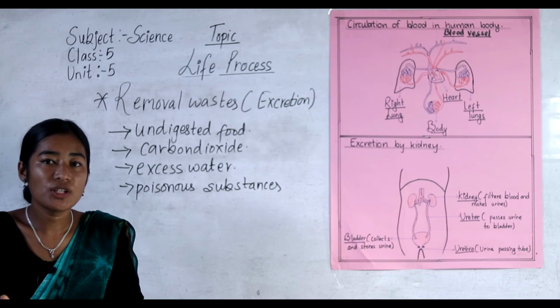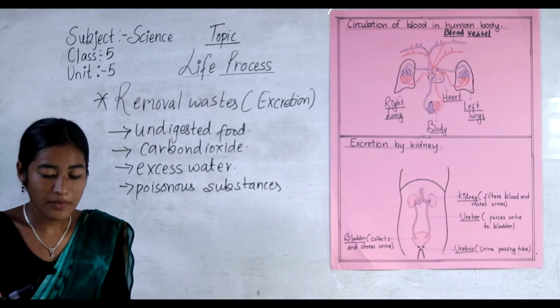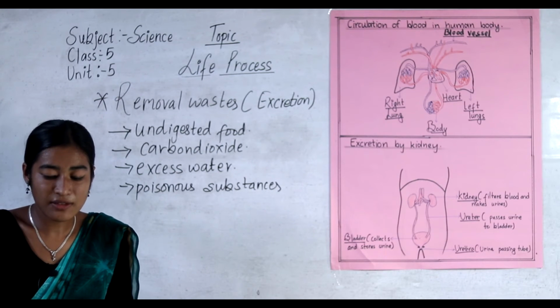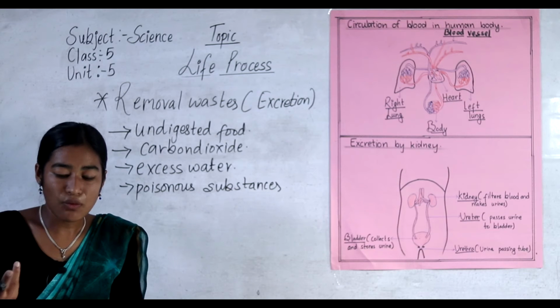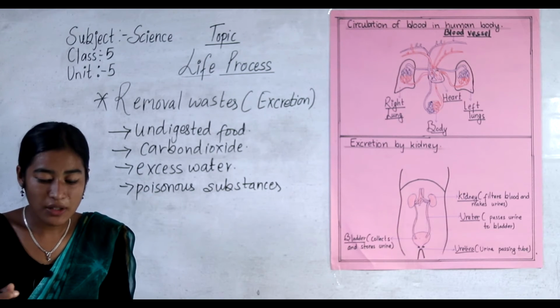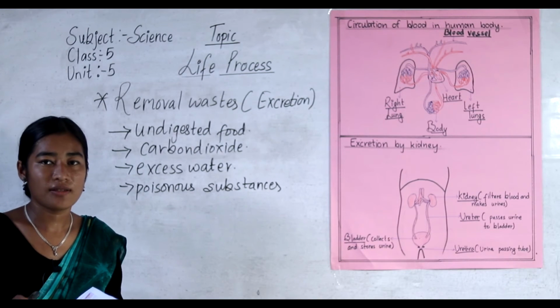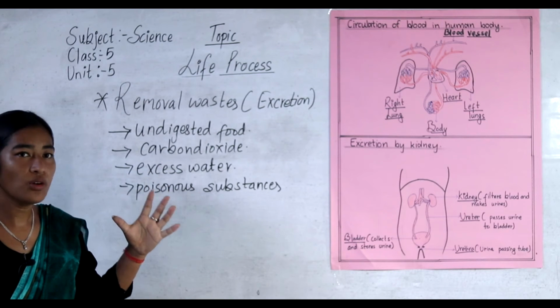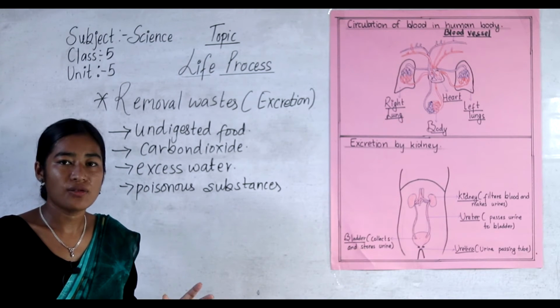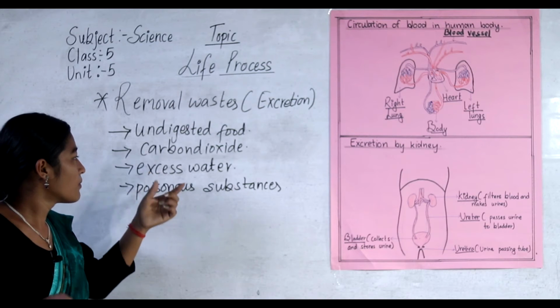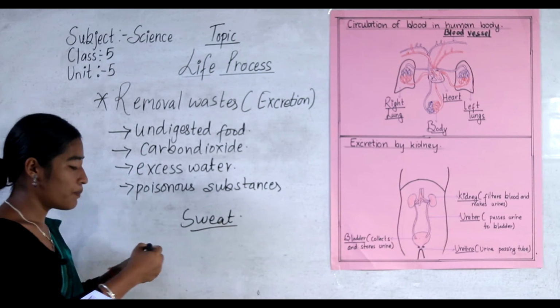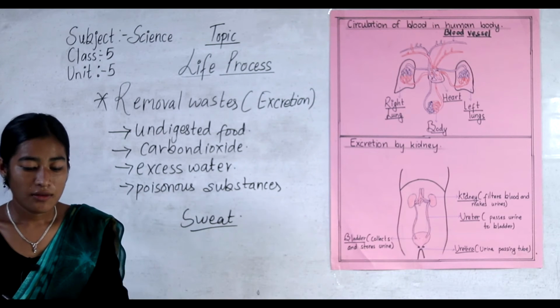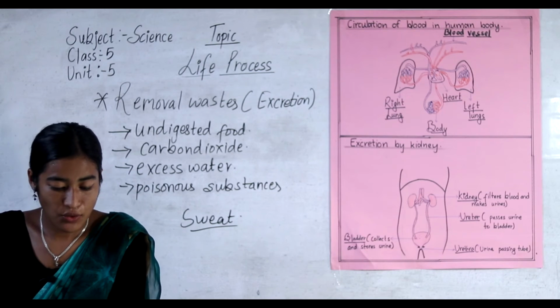I have already told you our skin excretes excess water. Excess water means unwanted water in our body, and other dissolved things in it, which is thrown out as sweat.